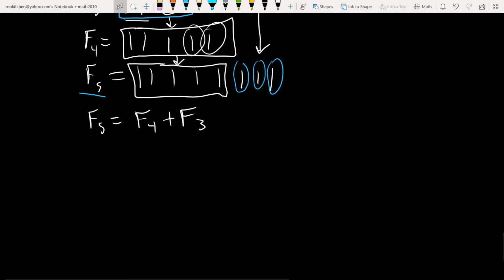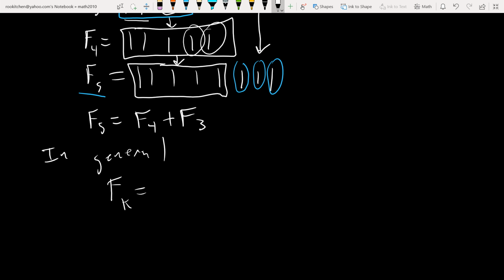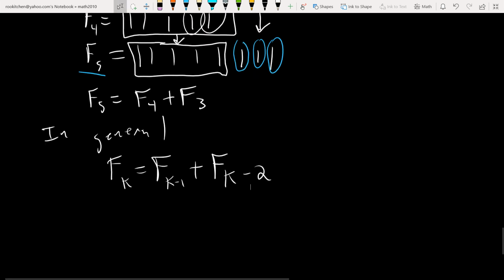So in general, f sub k equals f sub k minus 1 plus f sub k minus 2.